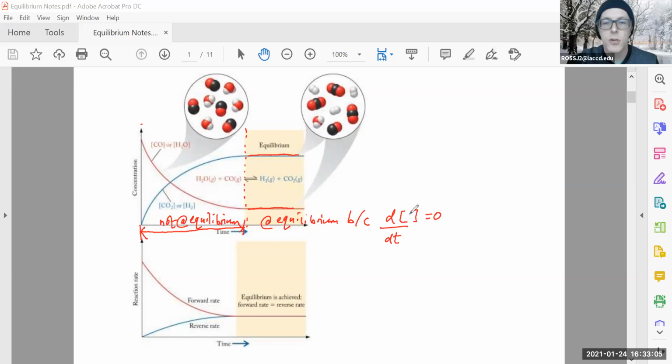Or rather, the average change is 0. You can change, you just can't change on average. Okay.